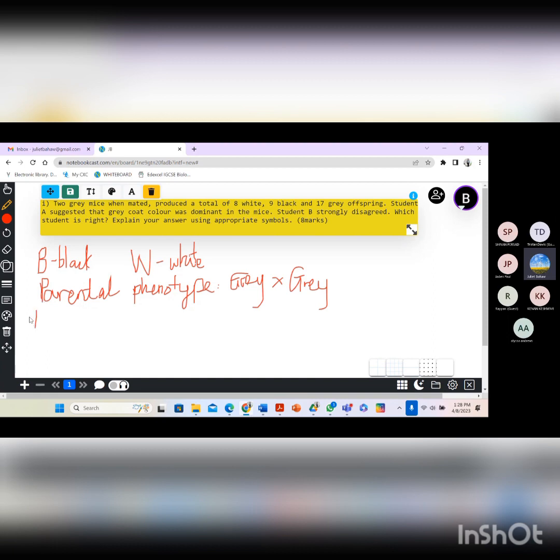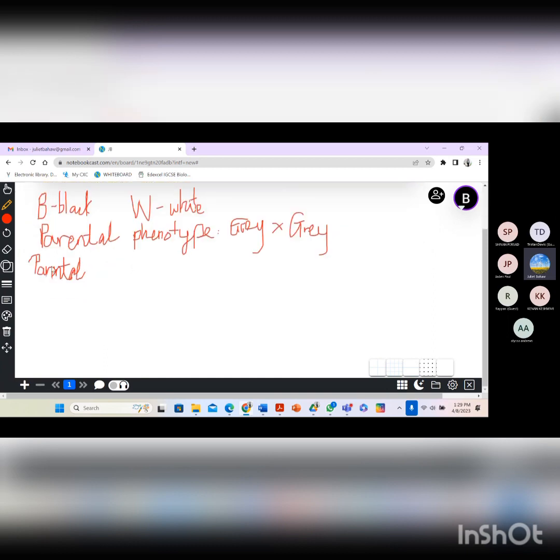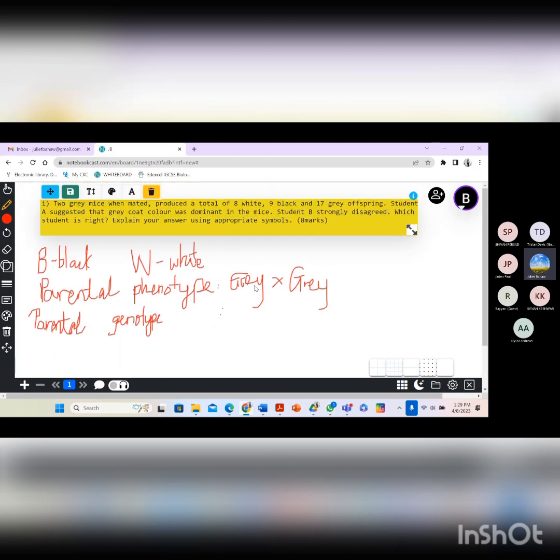Then we are now coming up with the genotype for them. So the second line should read, of course, you make sure and write it properly. I'm trying to write as neatly as possible here. So you're going to write parental genotype. That's your second line. So based on the phenotype, you are just going to put appropriate symbols to match the genotype.